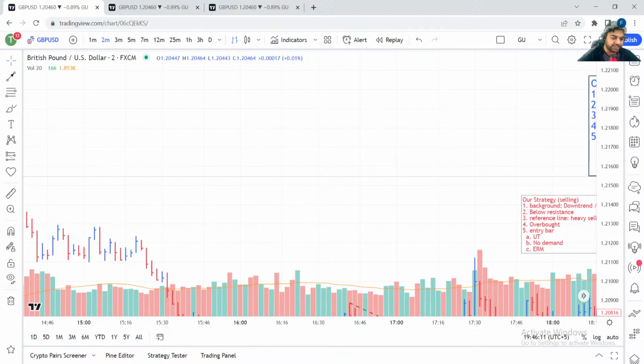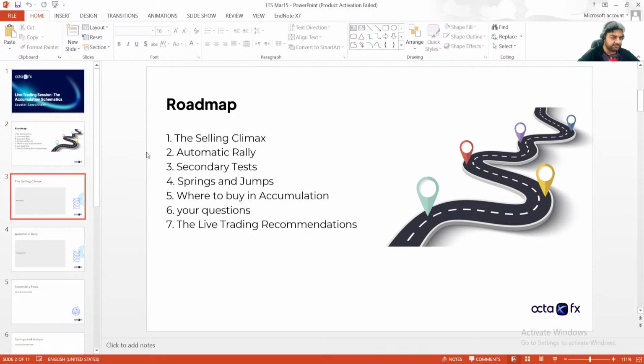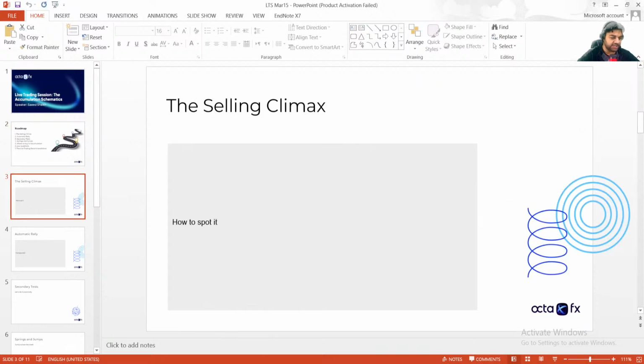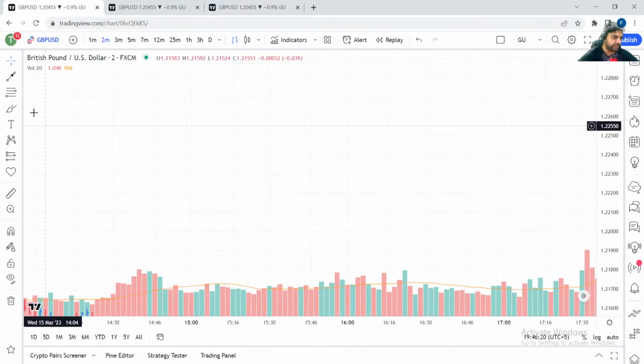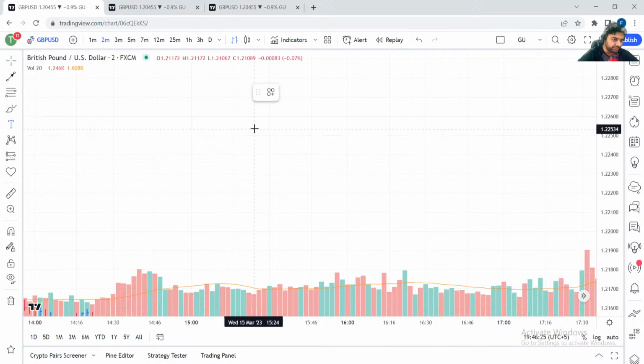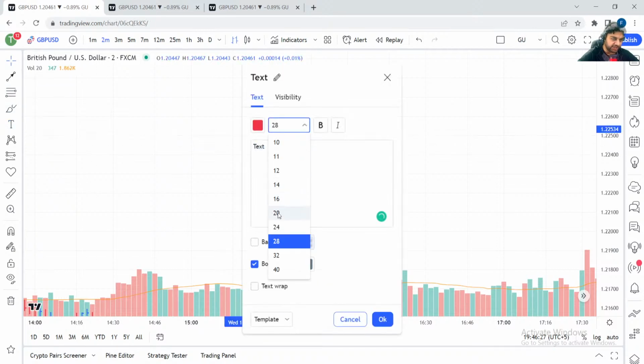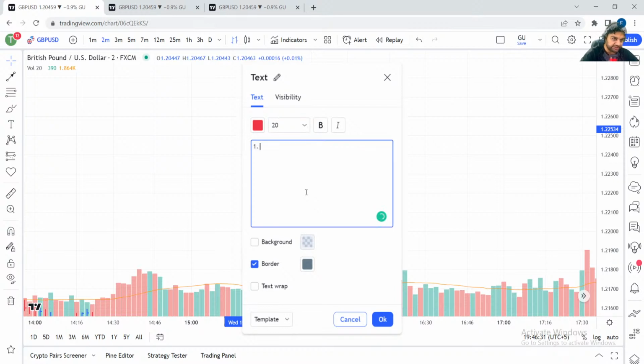Okay guys, so we will start with our accumulation schematics. We want to discuss all the topics in our agenda. First of all, you have the selling climax. So how does an accumulation start? Guys, if you remember, in the Wyckoff theory, there are 4 stages, or 4 phases, of the market.